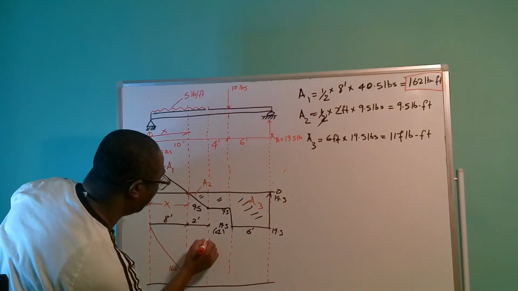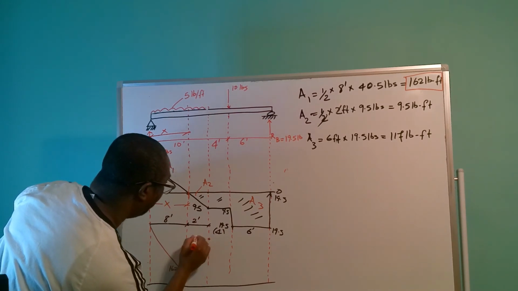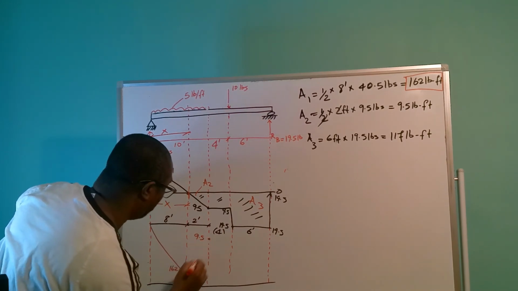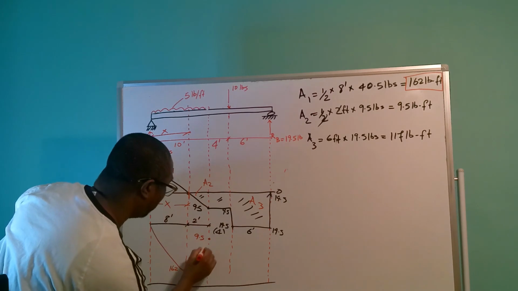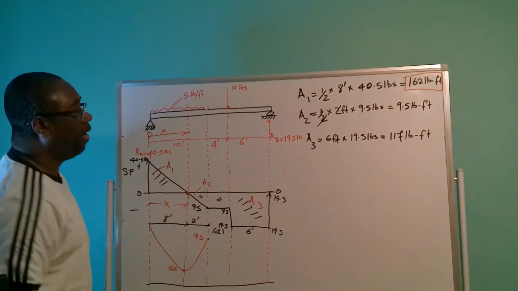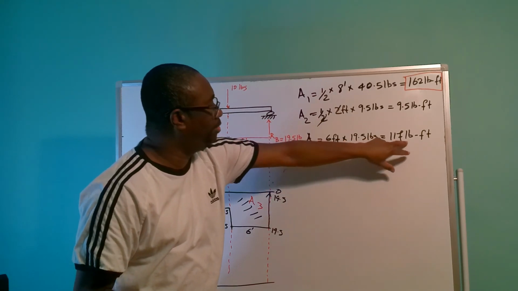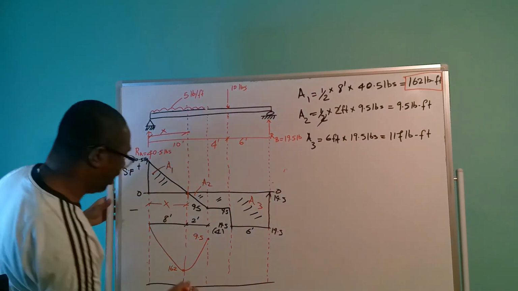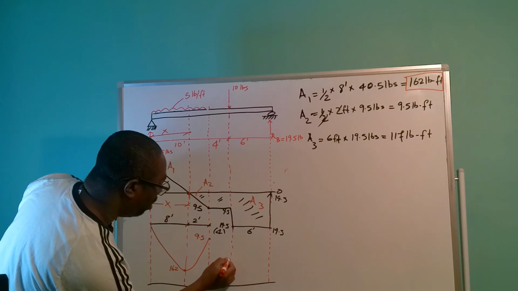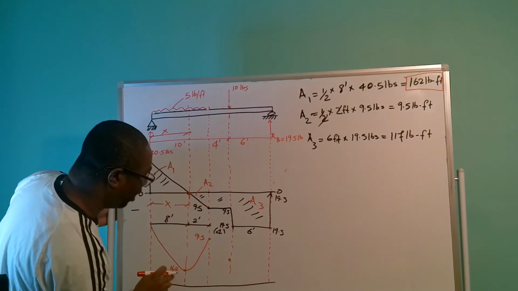So we estimate that 9.5 comes somewhere there. So we have this curve up to this 9.5 here. Then our third area, which is 117 pounds foot, we estimate that to be some distance here above our 162.